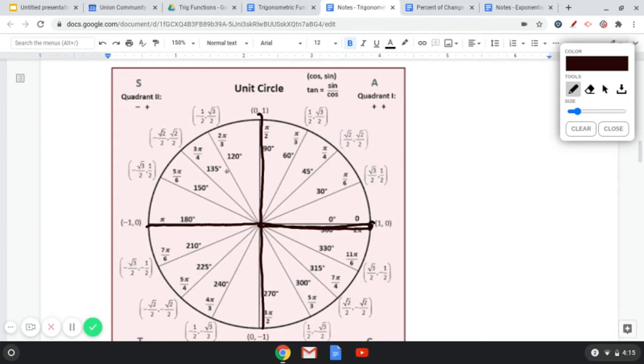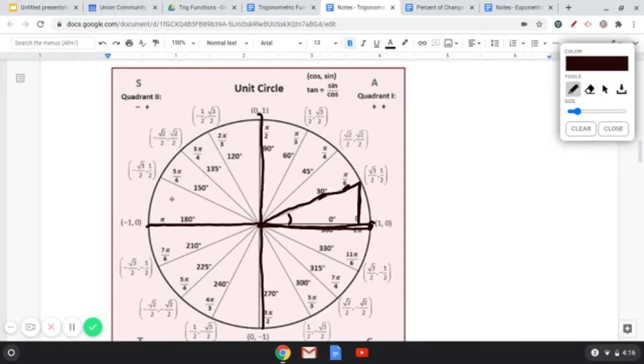And now, to read this unit circle, see how we have all of these coordinate points over here? The unit circle defines the sine and cosine of each angle. So this is angle pi over 6 right here, or 30 degrees. And we're calculating the sine and cosine values by creating a right triangle here. This is where the unit circle comes from.